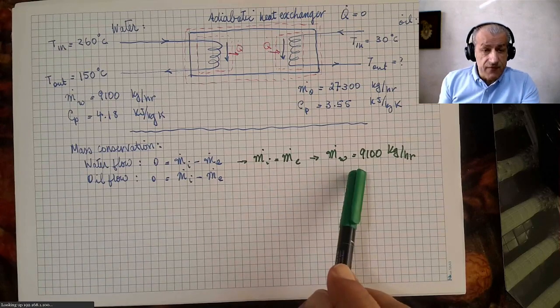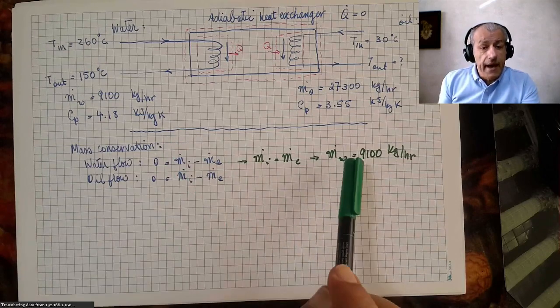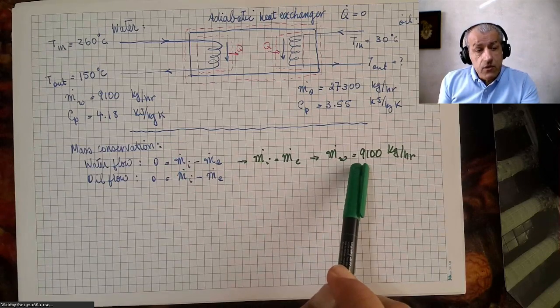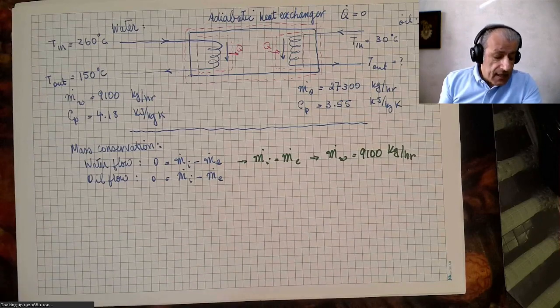The mass flow rate was 9100 kilograms per hour and left the control volume as 9100 as well. So remember, this is the thermodynamics language.